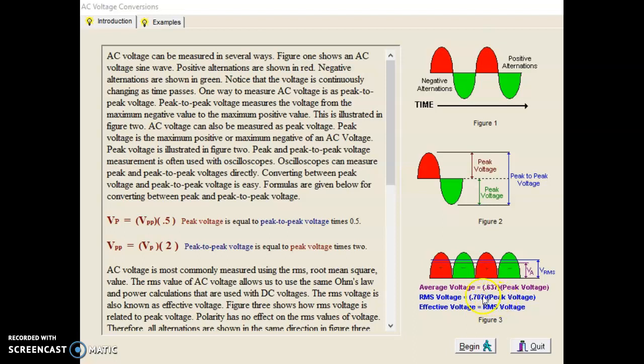So you take your peak value, multiply it by 0.707, and you have your RMS, or effective usable DC value. Basically, RMS voltage is the equivalent of the DC voltage value. So keep that in mind when you're associating DC values and AC values. Make sure you're using the AC RMS value.